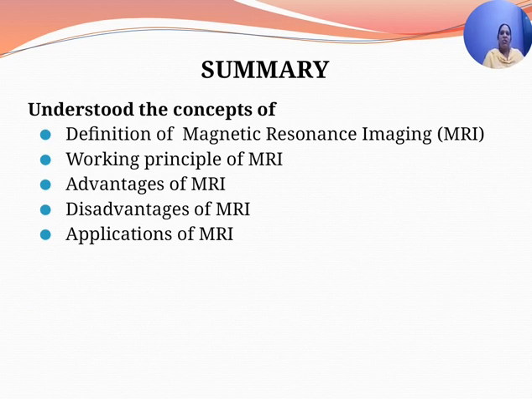So to summarize our topic of discussion today, we have discussed the definition of magnetic resonance imaging, MRI. MRI is a technique that uses a magnetic field and radio waves to create detailed images of the organs of the body and the tissues within your body.